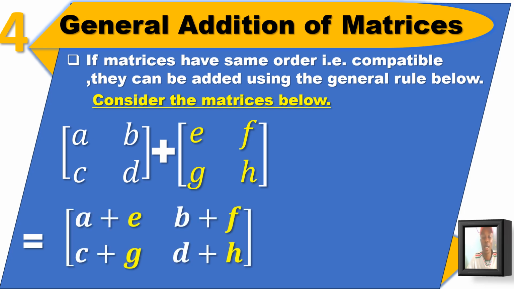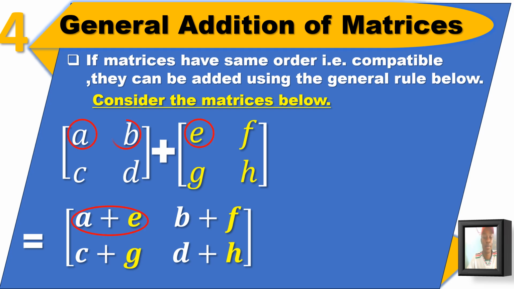You take only those elements that share a position. In the first matrix and the second matrix, same position, you add them. So A and E are in row 1, column 1 in both matrices, so they are the ones we add. In our answer, we'll have A plus E. Then we'll have C plus G because they are in the same position. B plus F, D plus H. I hope you get that.